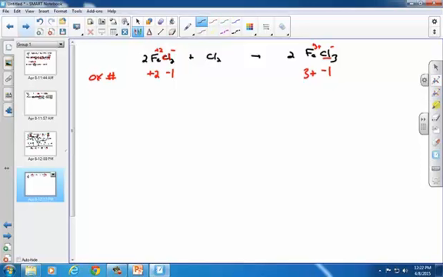With the Cl2 though, the Cl2 is not involving a metal. So I can't necessarily predict what its charge would be. I'd have to look at its Lewis structure, which is straightforward. If I've got two chlorines, they have to be sharing electrons. If they're both nonmetals, which they are, so there's no metal involved, my nonmetals are going to share to make their noble gas configurations. And I've got 14 total valence electrons, so I'd put those in.